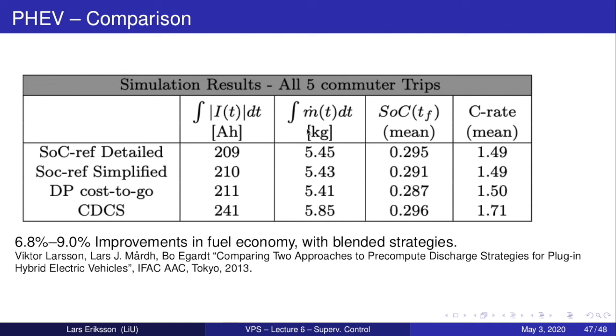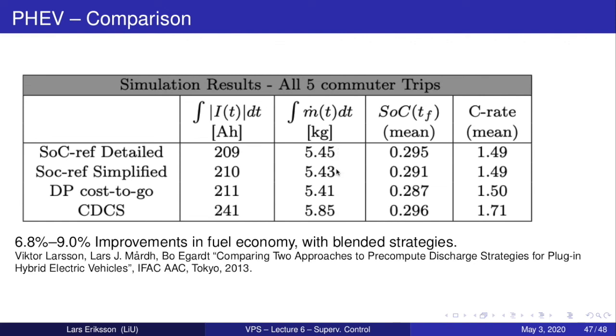But we have here, the most important part is the fuel economy that we're looking at, and the charge depletion, charge sustain strategy has the highest fuel consumption, and then if we use the dynamic programming cost to go, we get the lowest fuel consumption. With the different models we can get a significant improvement compared to the charge depletion, charge sustain, but not as much as the dynamic programming cost to go calculation.